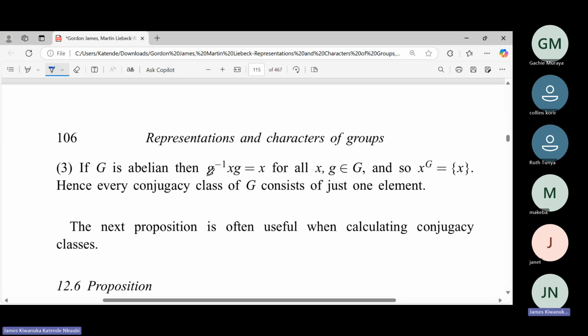So the last statement says that if G is abelian, then every conjugacy class will have exactly 1 element.